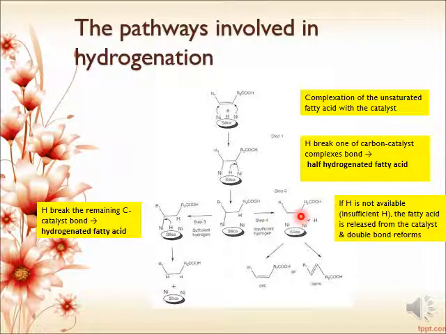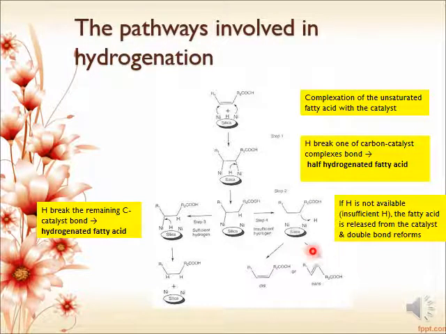the fatty acid is released from the catalyst, and then the double bond will reform. However, it can reform in the trans configuration. It has the possibility to form the trans configuration, which is related to cardiovascular disease.